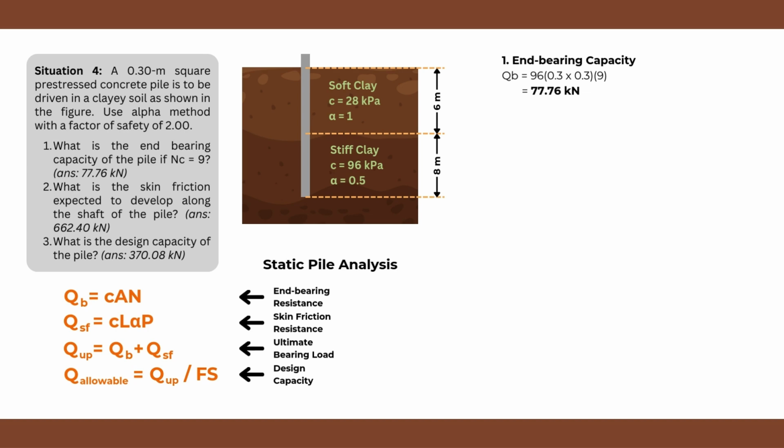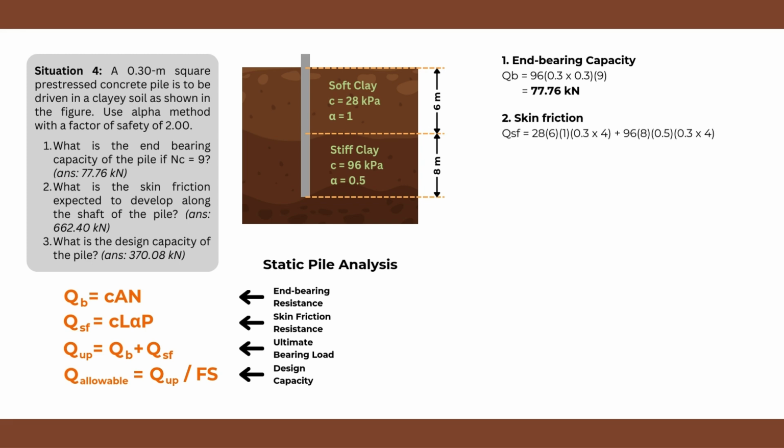Para naman sa skin friction, dito need natin i-consider yung variations ng soil na dadaanan nito. To do that, summation ng different values plugged in sa formula ang need natin i-perform. To understand what I mean, mag-plug in tayo ng values.